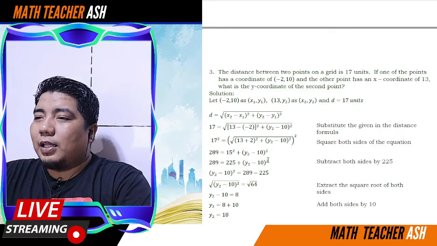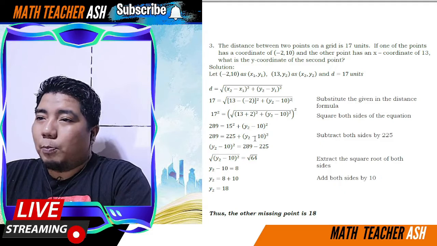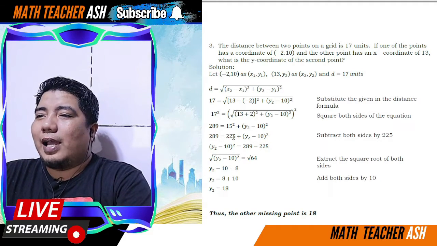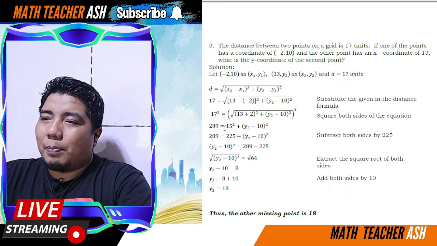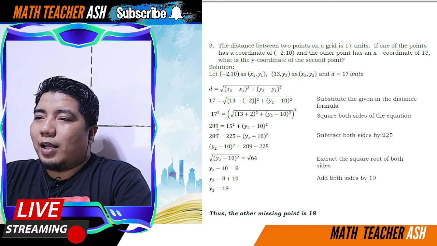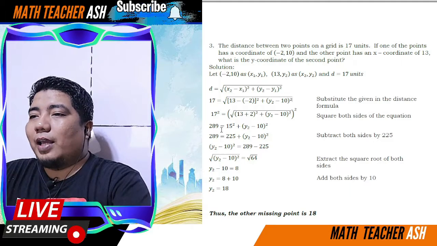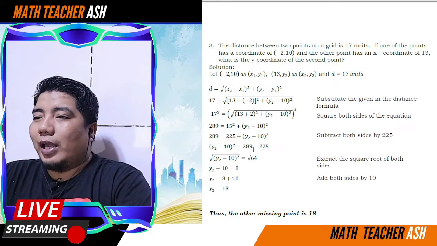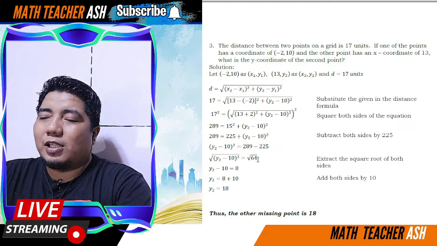So, you just bring down your y sub 2 minus 10 squared. Okay, then we combine like terms, ililipat natin si 225 kay 289, so giving it with a minus. Okay, so 289 minus 225, the answer is 64.